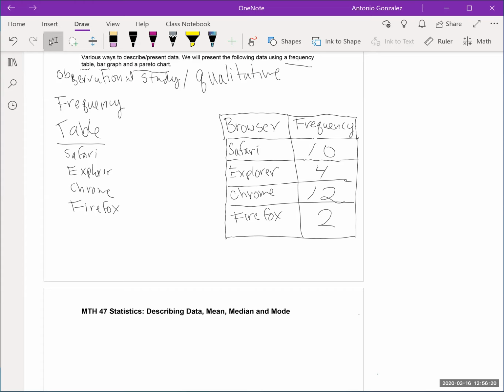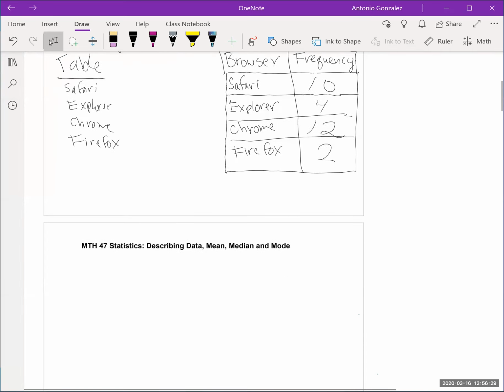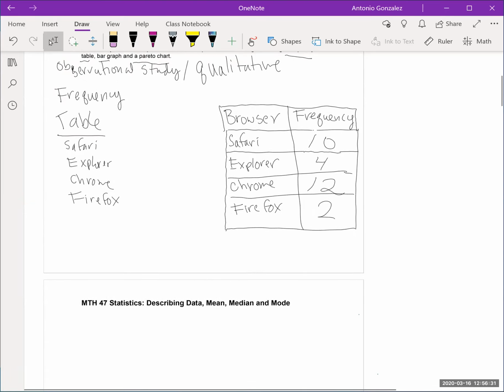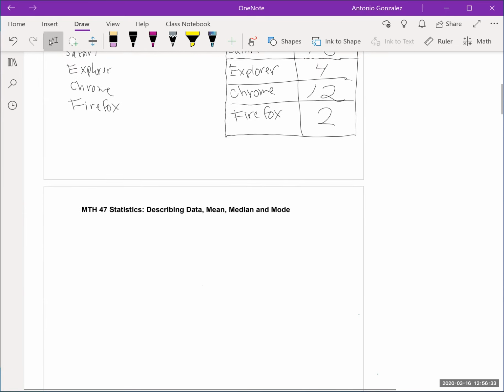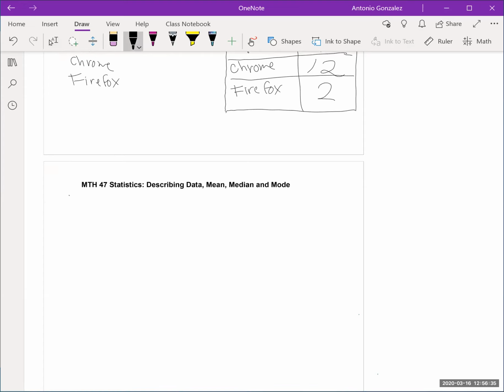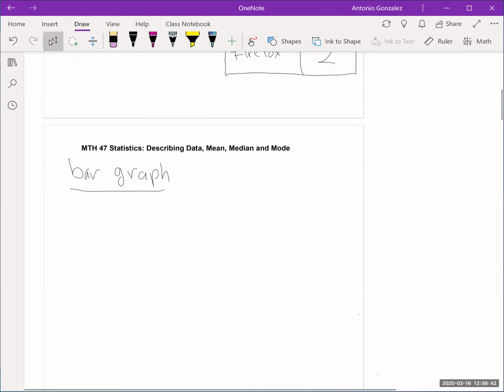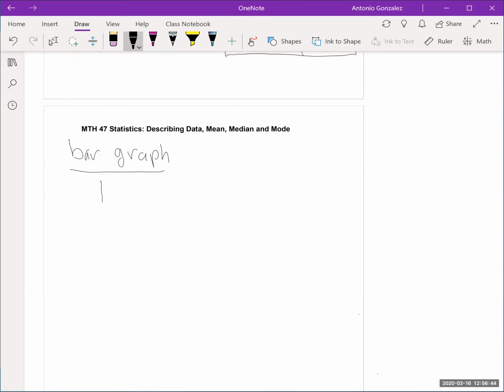Okay. All right. So now let's take a look at the next one. We have a bar graph. So for a bar graph, we'll draw these axes here, right?